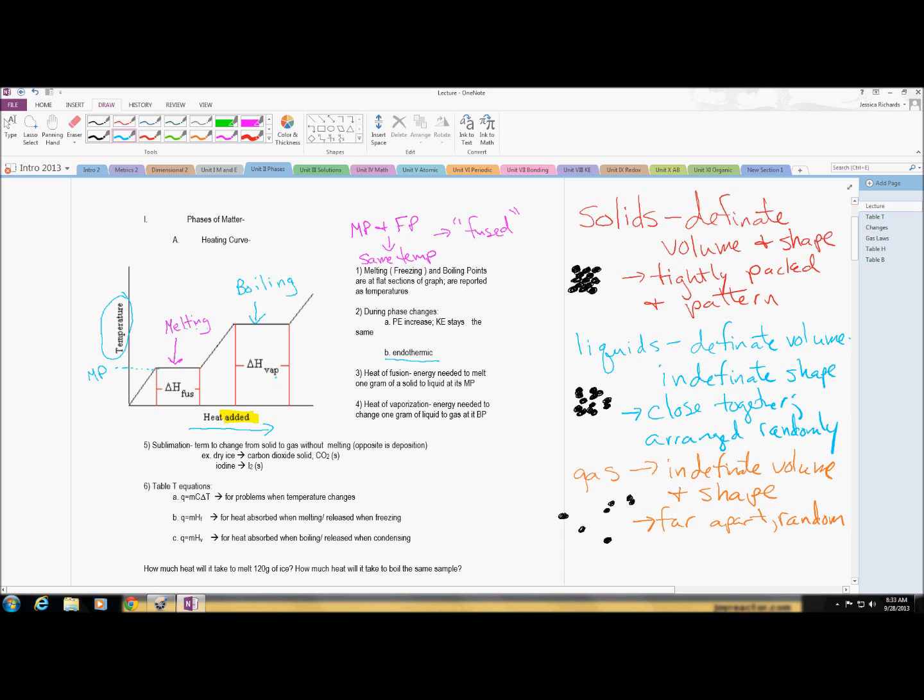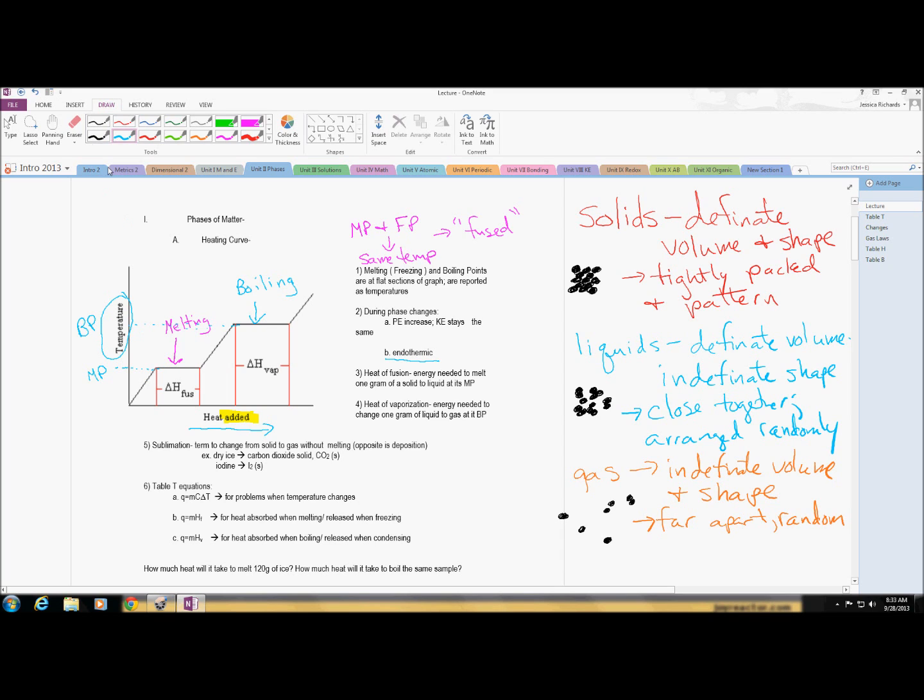So if we increase the temperature, we increase the vapor pressure. Boiling in chemistry is when the vapor pressure equals the atmospheric pressure pushing down. When we hit that point, notice that the temperature doesn't change anymore. That temperature is called the boiling point. And once we hit that boiling point, the temperature stays the same until it's all a vapor.